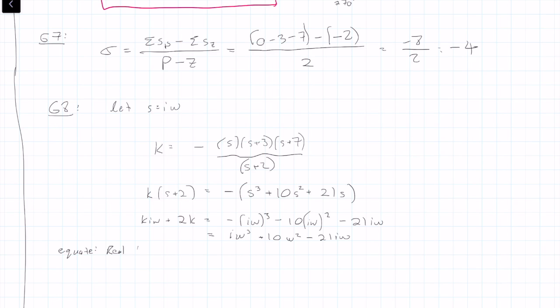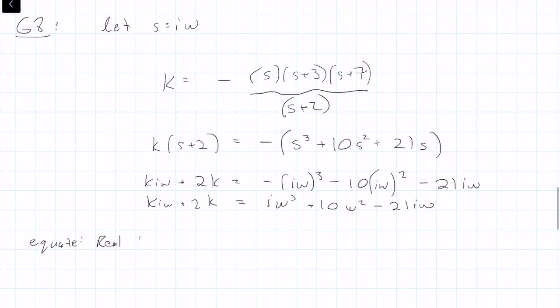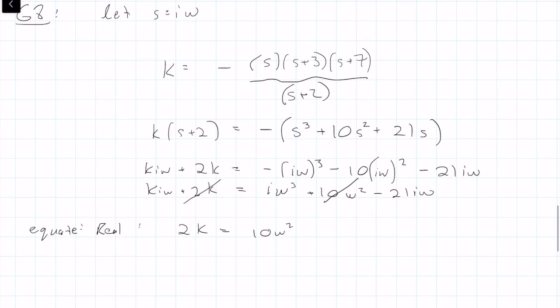Now I can equate the real parts from the left-hand side and the right-hand side. What I'm left with is 2K is equal to 10 omega squared, and then I'm going to do the imaginary.